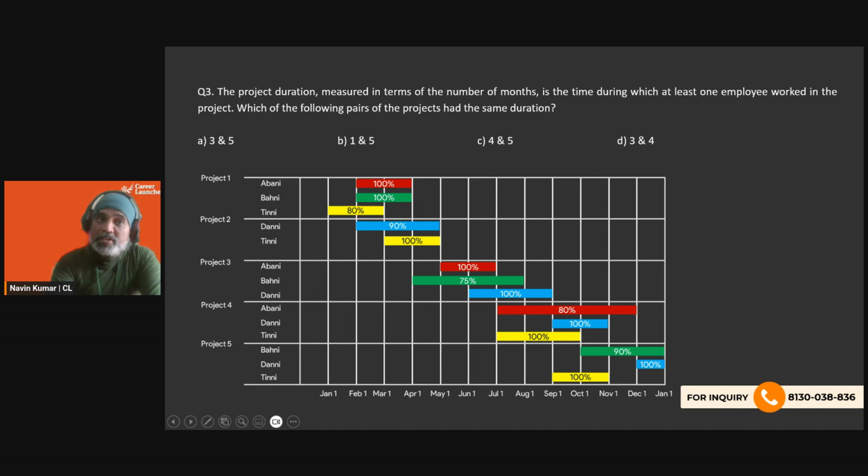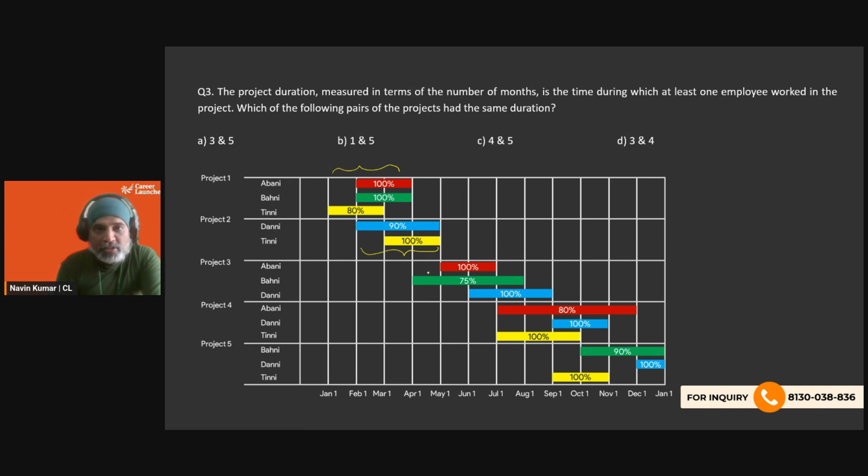Let's look at the next question. The project duration, measured in terms of the number of months, is the time during which at least one employee worked in the project. Which of the following pairs of projects had the same duration? If you look at project one, this project timeline was for 3 months. If you look at project two, the timeline was, sorry, not 2 months, this is also 2 months.